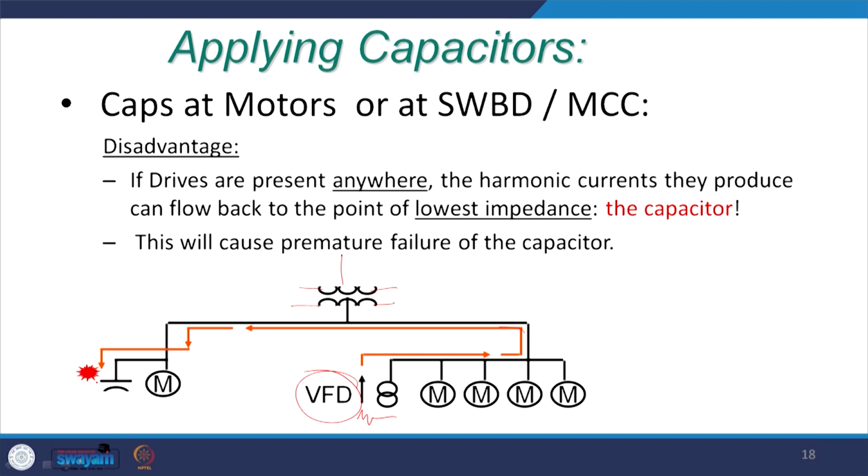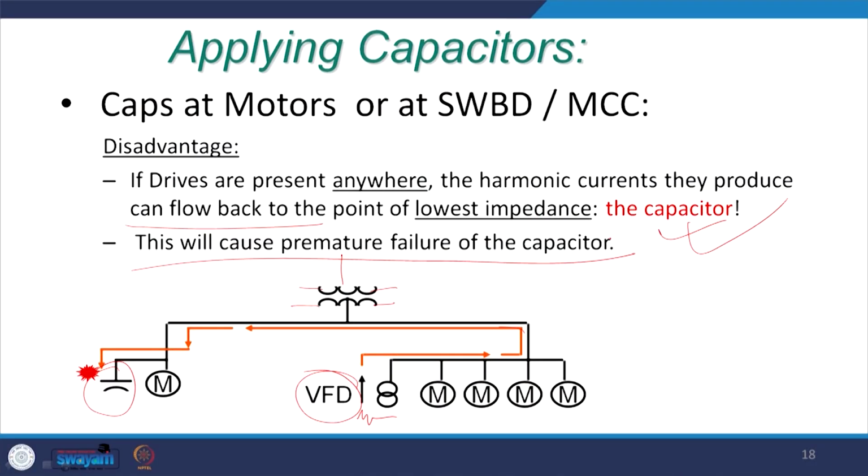So, wherever the drives are present, the harmonic current they produce can flow back to the point of low impedance, that means through the capacitor, and thus the capacitor will be unnecessarily overloaded with harmonic power, which may cause premature failure of this capacitor.